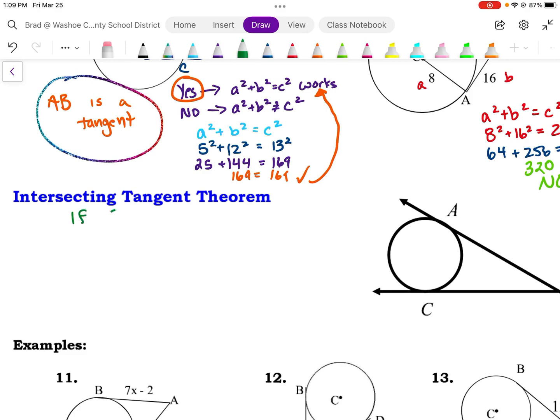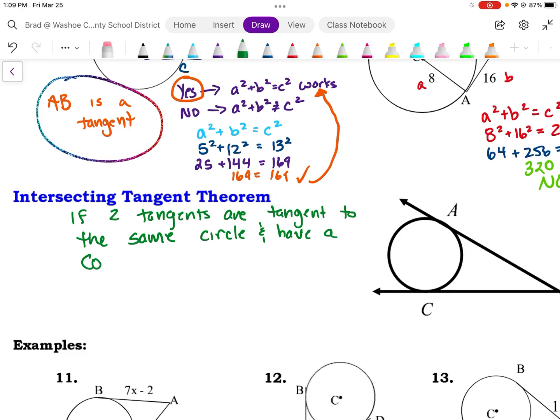So if two tangents are tangent to the same circle, that's important, and have a common point, then they are congruent.